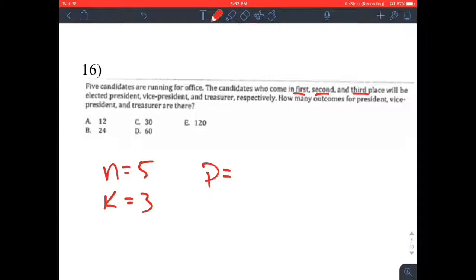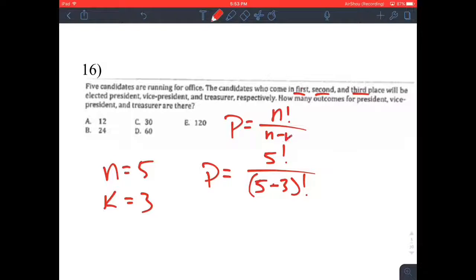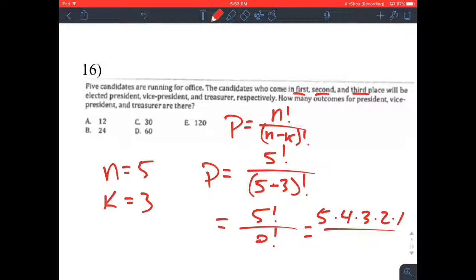So that means we're going to have 5 factorial over 5 minus 3 factorial. That's that formula right above, which is going to give us 5 factorial over 2 factorial, which is 5 times 4 times 3 times 2 times 1 over 2 times 1. 2's cancel, 1's cancel.